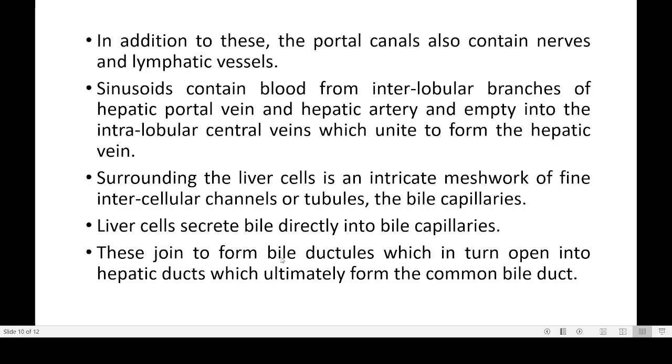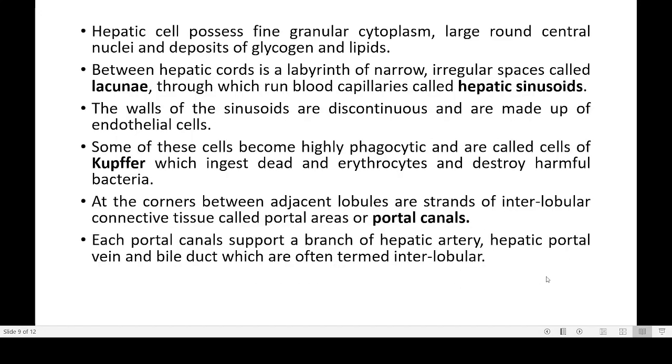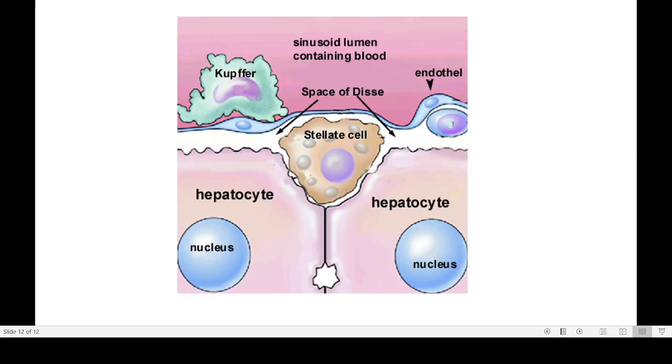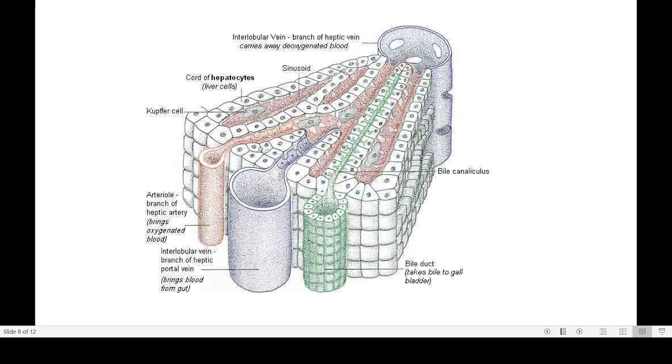These bile capillaries form bile ductules, which in turn open into the hepatic duct, which ultimately forms the bile duct. So the bile duct is formed of a number of smaller bile ducts joining together to form a larger bile duct, and this larger bile duct finally opens into the digestive tract.